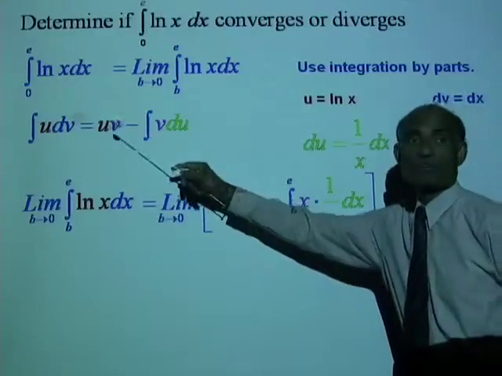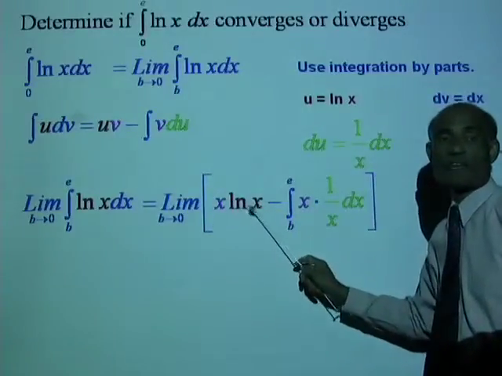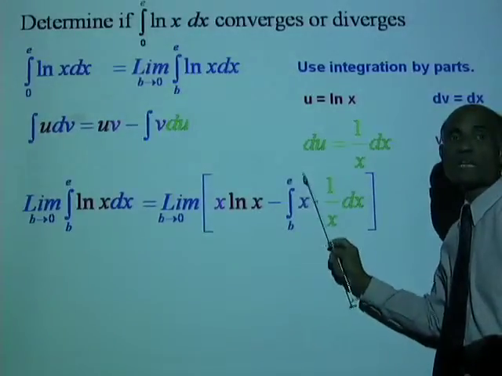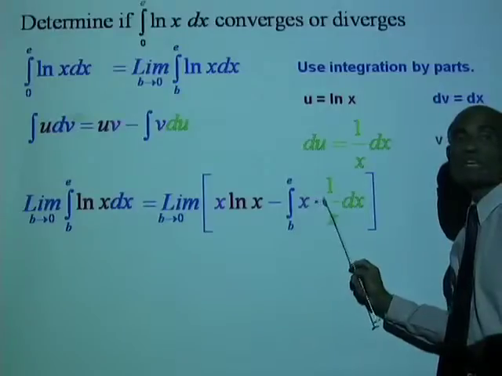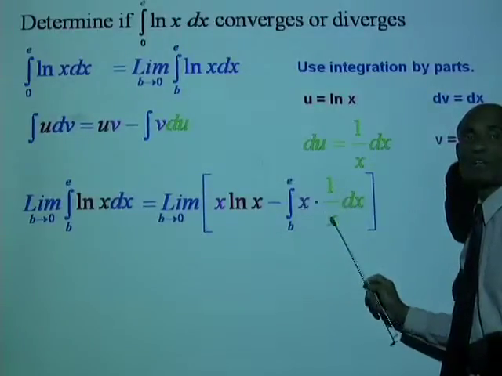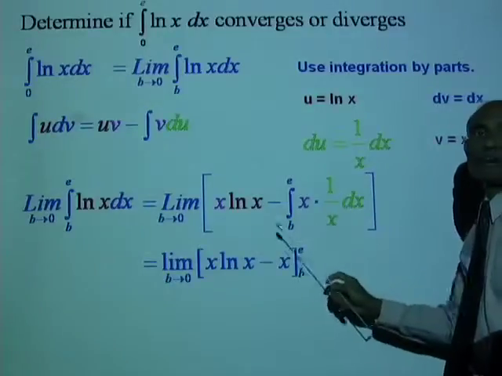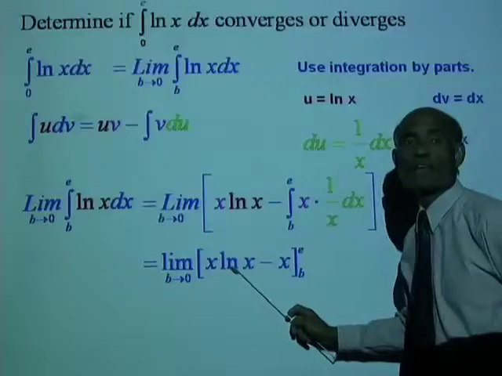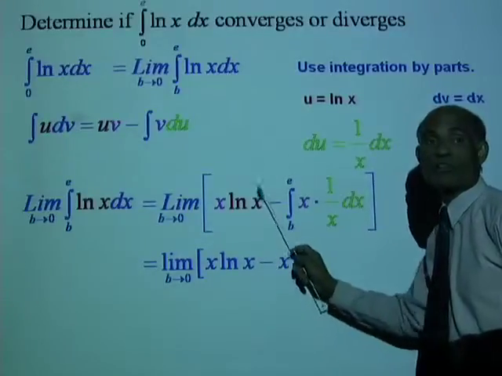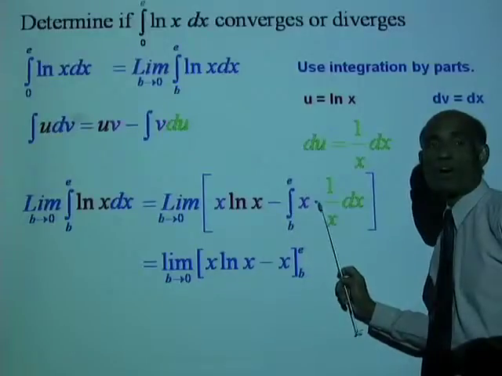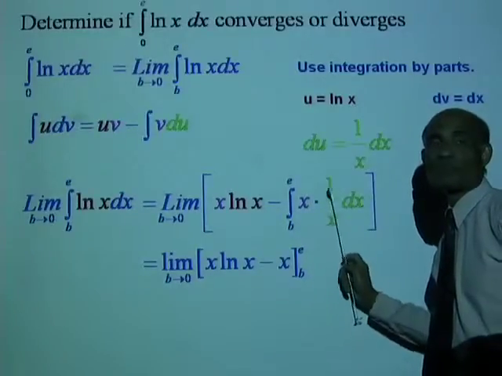Now, what's the integral? u times v, x ln x, minus integral b to e of v du, x times 1 over x dx, and x cancels. So that will be limit b approaches 0, x ln x minus x, is that right? x ln x minus integral of x.